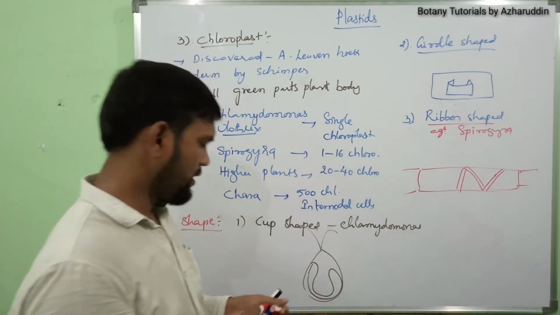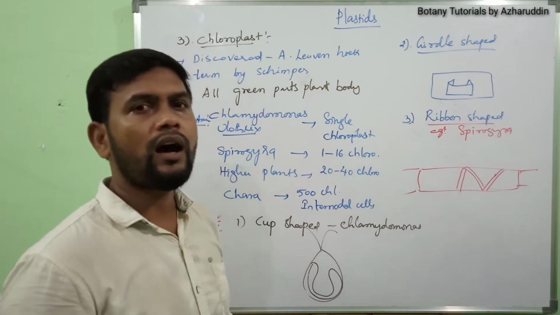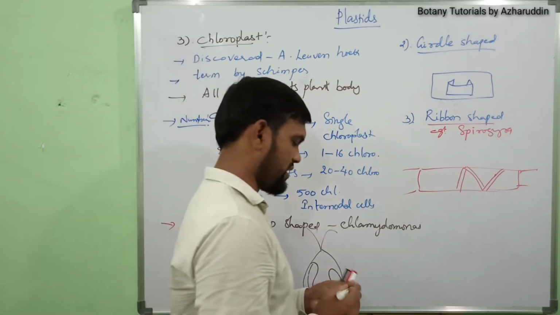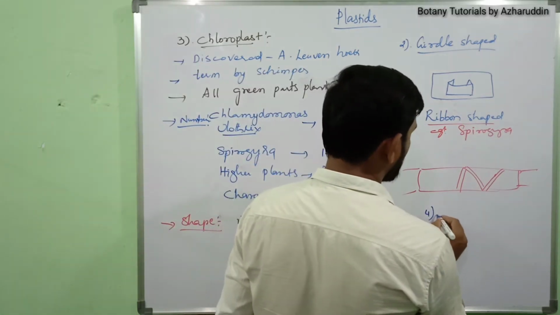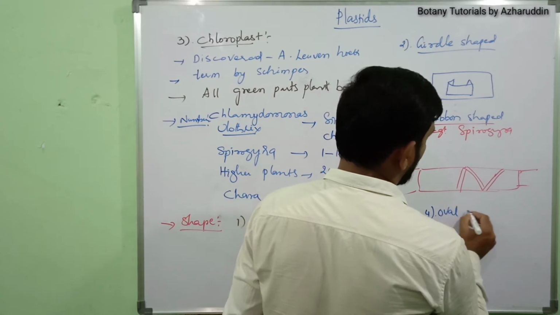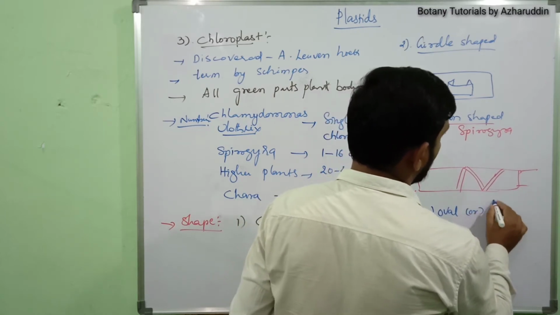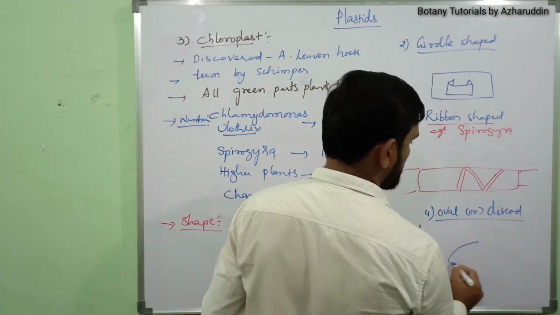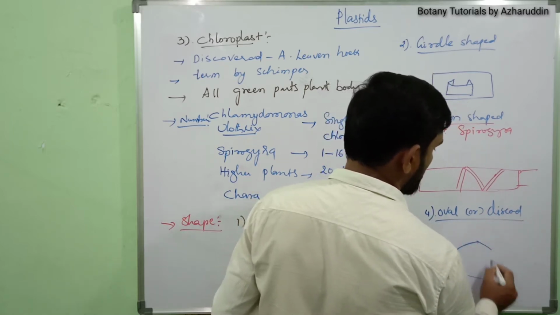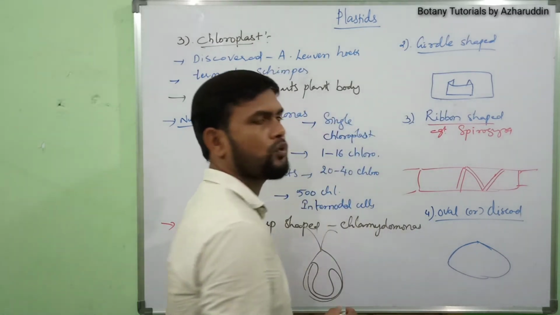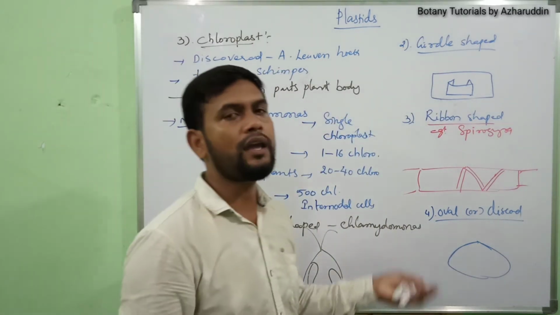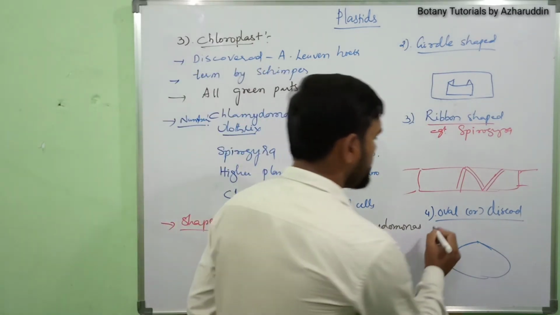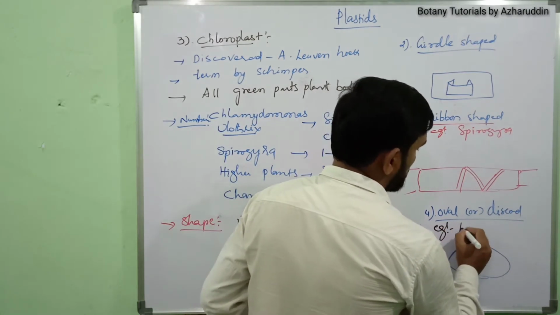Next, oval or discoid chloroplasts. The fourth type is the oval or discoid chloroplast. Oval-shaped or disc-shaped chloroplasts are present in higher plants.